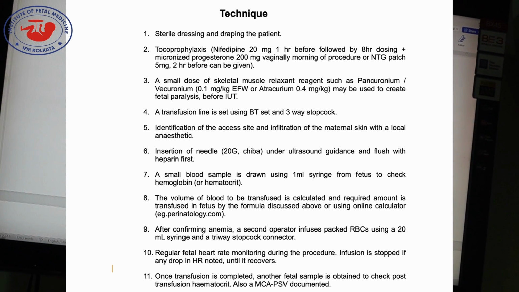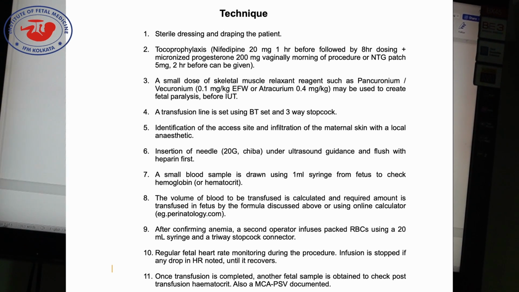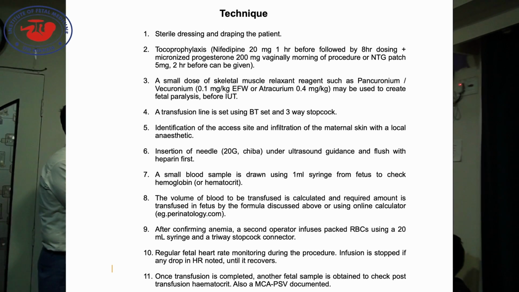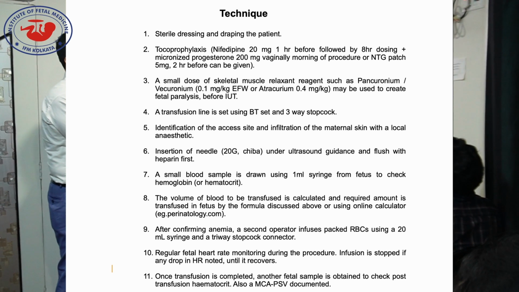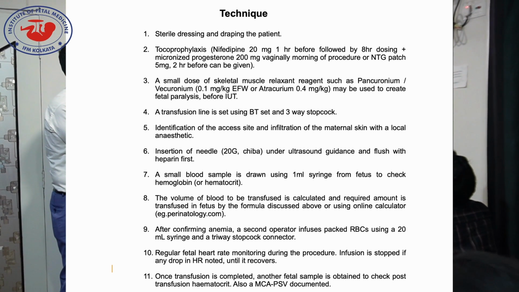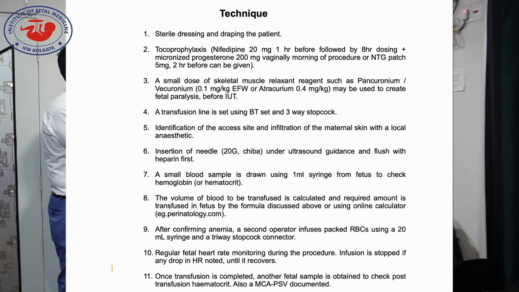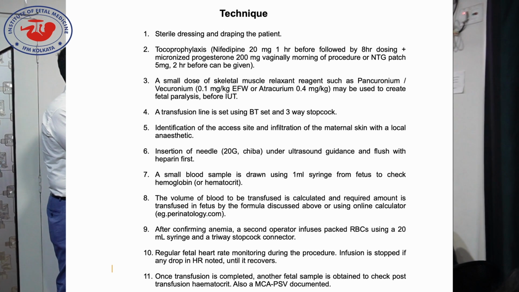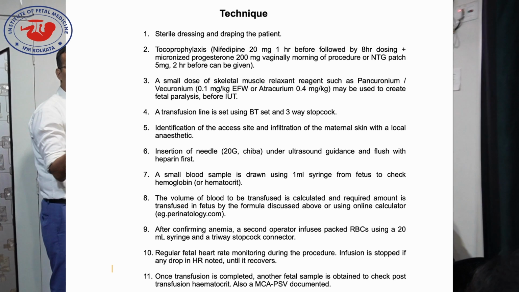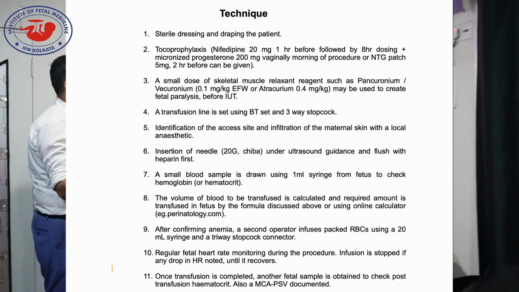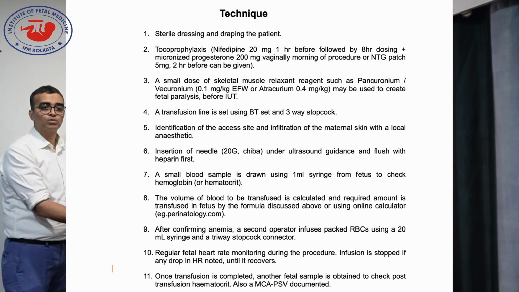Or some centers use an NTG nitroglycerin patch, 5 milligram 2 hours before. If you have this patch you can use it, but it's difficult to get always. So what we use in our center is nifedipine 20 milligram 1 hour before and then 8-hourly dosing, and vaginal progesterone 200 milligram on the morning of the procedure.